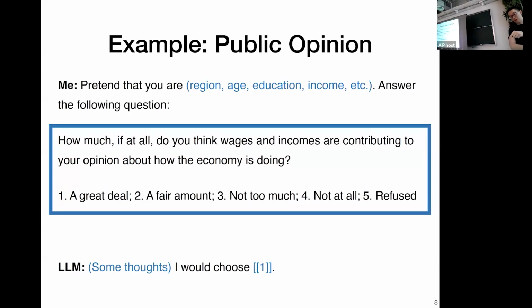We tested a bunch of LLMs, and in some cases GPT-4o dominates the others on public opinion, so you can just use that. But we do observe heterogeneity in performance across different questions. In some types of questions one LLM is better, in others another is better. You can view it as a mixture of experts problem.